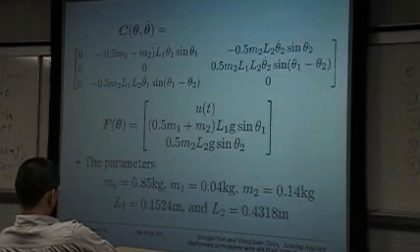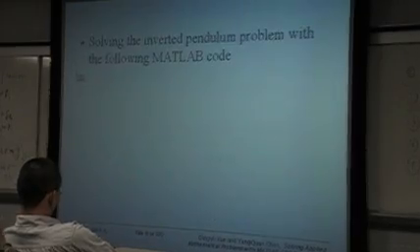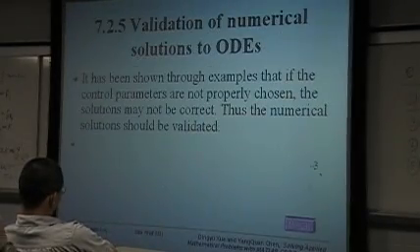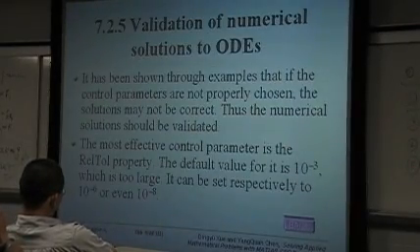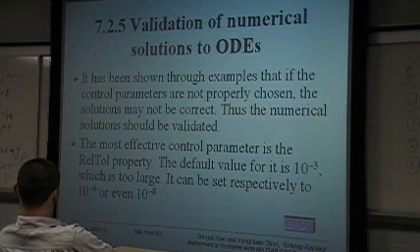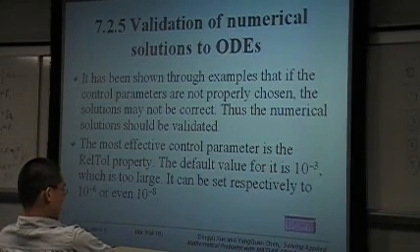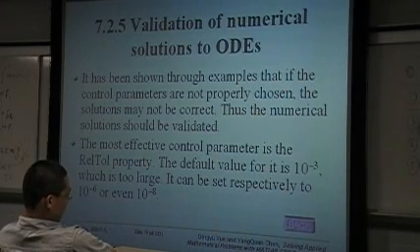There are examples, and if you are interested, you can have a deeper look at them and see whether they give correct answers. I have to remind you again that a very important step in differential equation solution is the validation of the results.